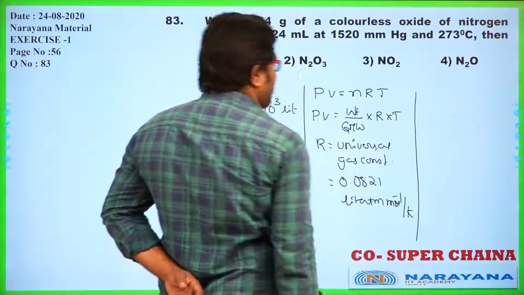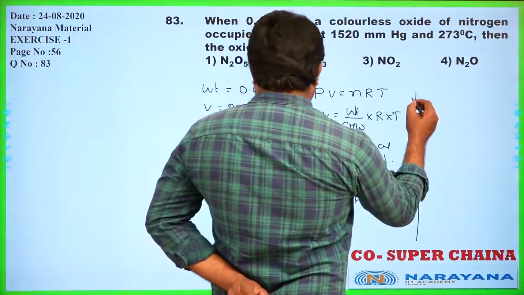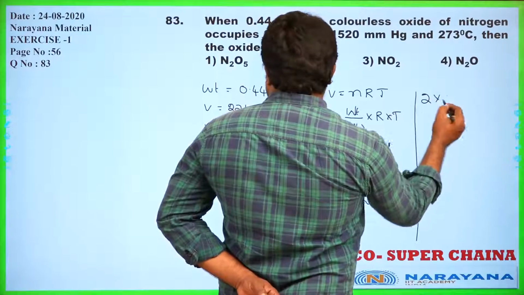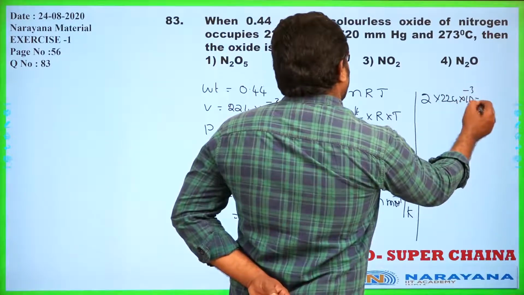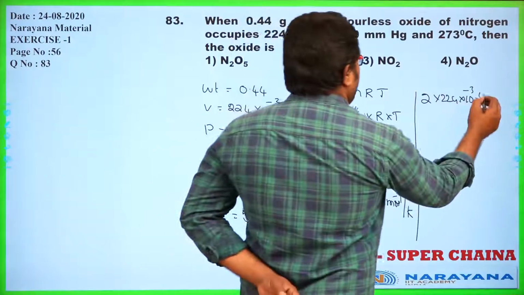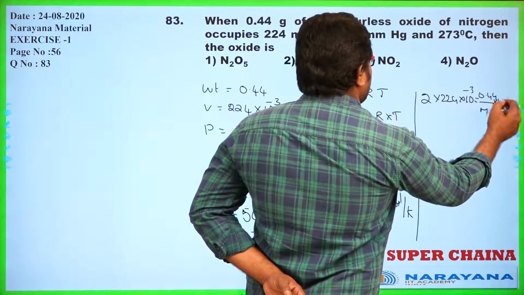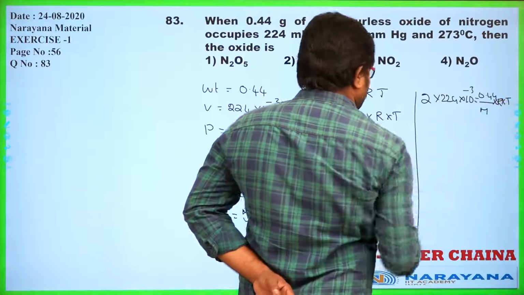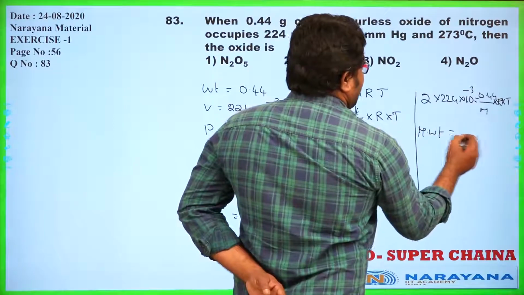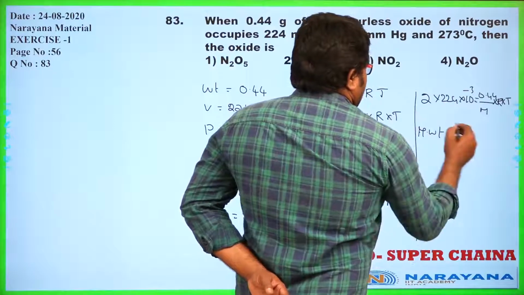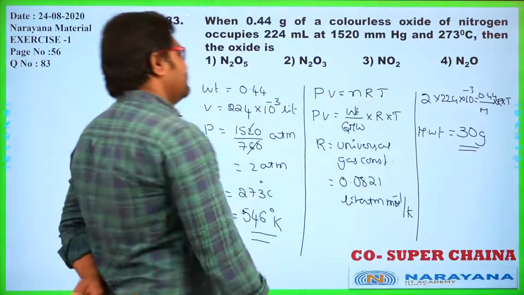By substituting all these values, where pressure is 2 atmosphere, volume is 224 into 10 power minus 3, given weight is 0.44, and R value as well as temperature, then the molecular weight, by calculating, is equal to 30 grams.